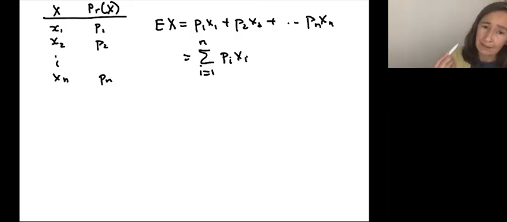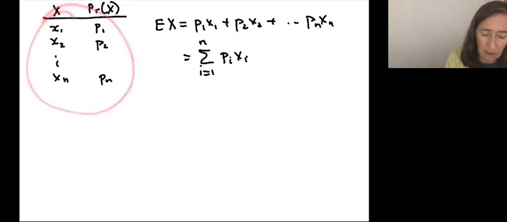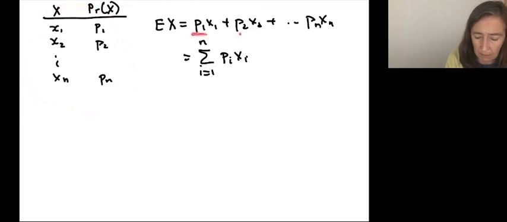But the amazing thing about expected value is that all of the information in the definition of the random variable, all the probabilities and all the outcomes, all get combined in the expected value. So that's one cool thing.